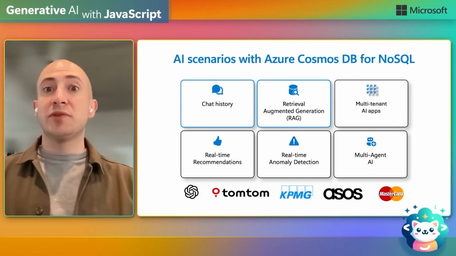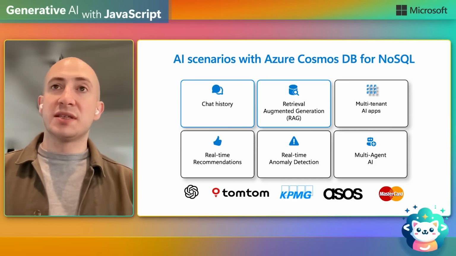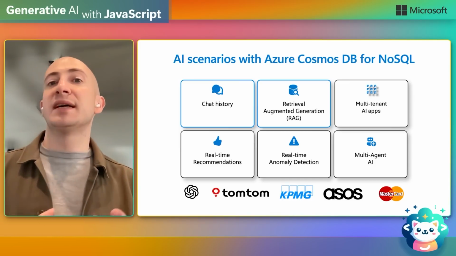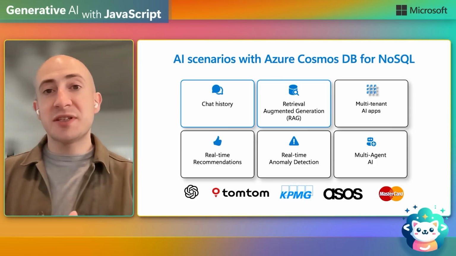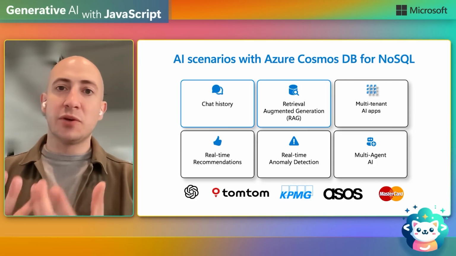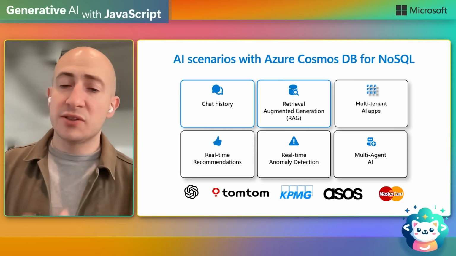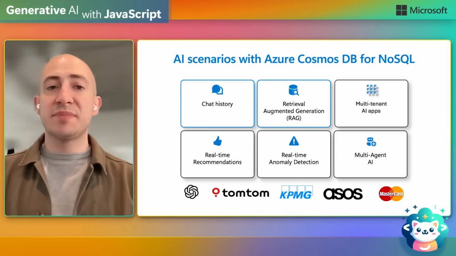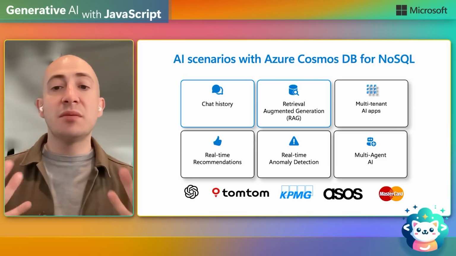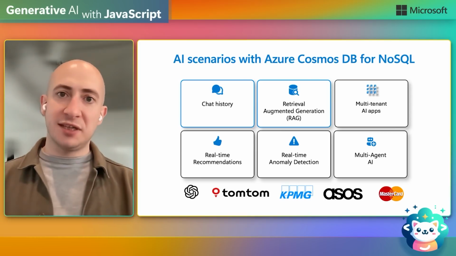We can also do retrieval augmented generation, which is about bringing the right data at the right time from your database to personalize your large language model for your specific scenario or application. And we do this today using vector search. There are also lots of use cases for multi-tenant apps, real-time recommendations, anomaly detection, and even multi-agent AI systems.